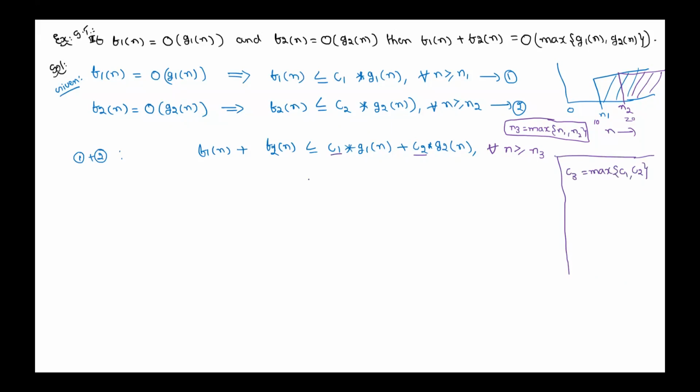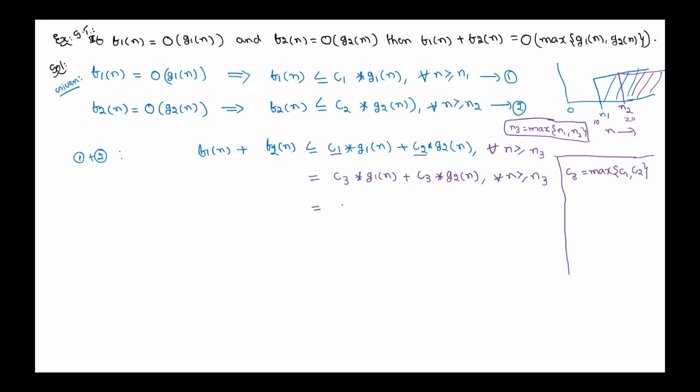So then what we can do is, it is less than or equal to c3 into g1 of n plus c3 into g2 of n for all n greater than or equal to n3. Is that okay?